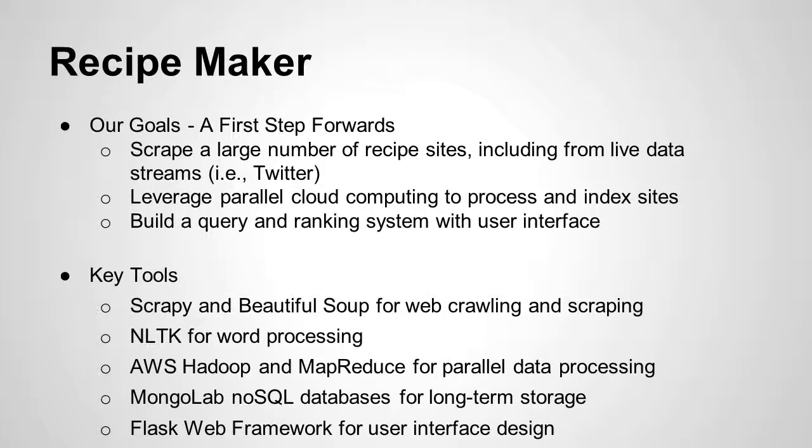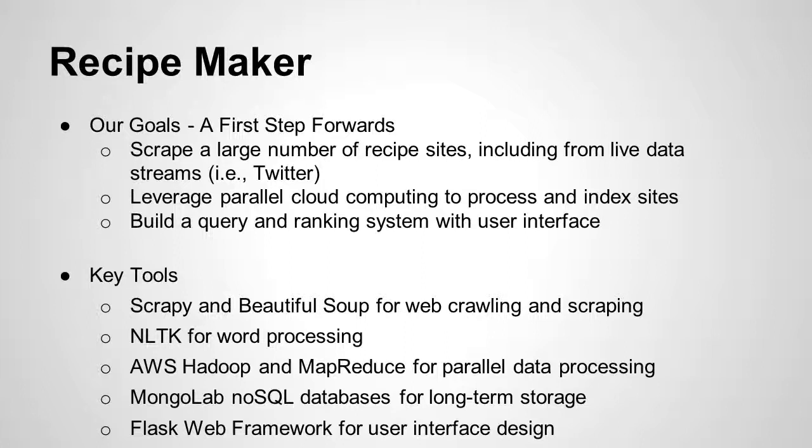So, because we started with an ambitious premise and goal, it was important for us to really define what we wanted to accomplish in the scope of this specific final project, which we view as just one building block towards solving this problem. So, our goal was to really take a first few steps forward and to generate a corpus of recipes that could be queried by a user based on some ingredients they have and using some relevant ranking criteria.